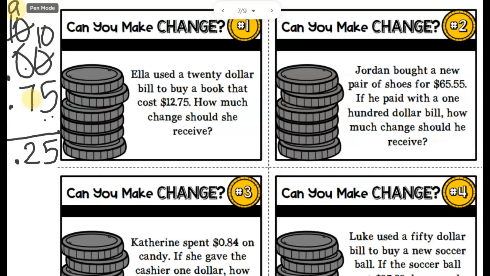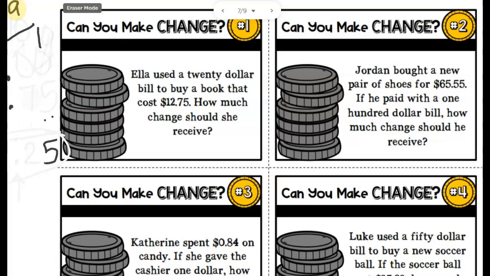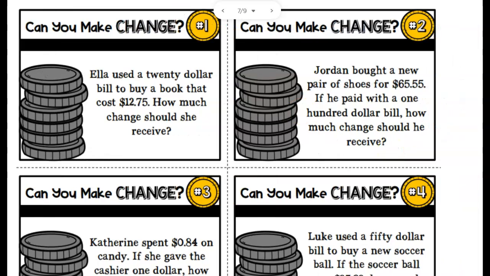And 1 minus 1 is nothing. I also need to drop down my dollar sign. The money I would be getting back is $7.25. Remember, we can say "and" when there is a decimal point. Let's move on to number 2. Remember, at any time if I'm going too fast, pause the video and catch up.